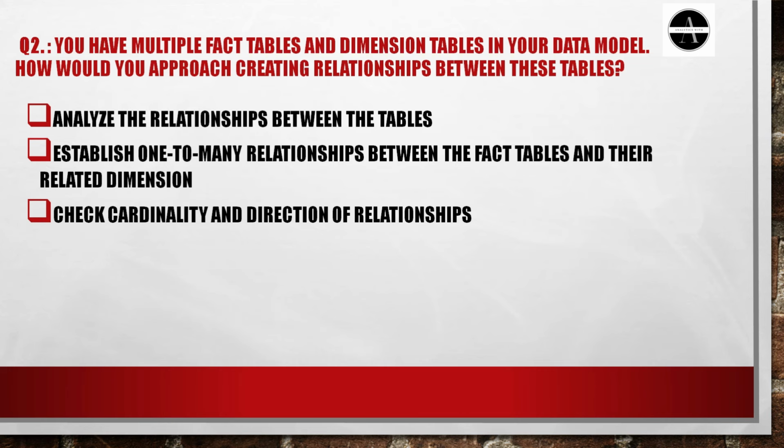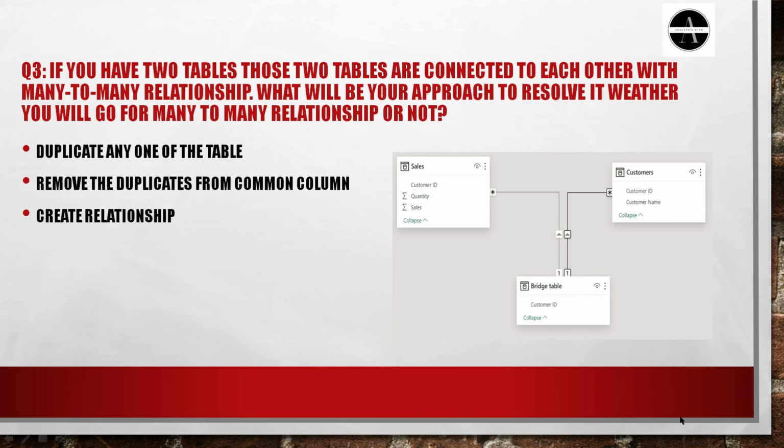Then I would establish one-to-many relationships between the fact tables and their related dimension tables using unique keys. It's essential to ensure that the cardinality and the direction of the relationships are correct to enable accurate data analysis and data visualization. Next scenario based question.